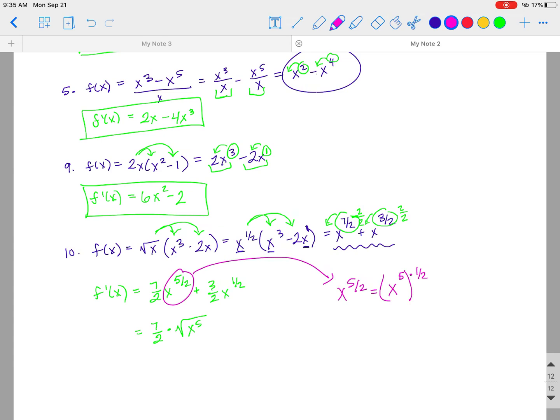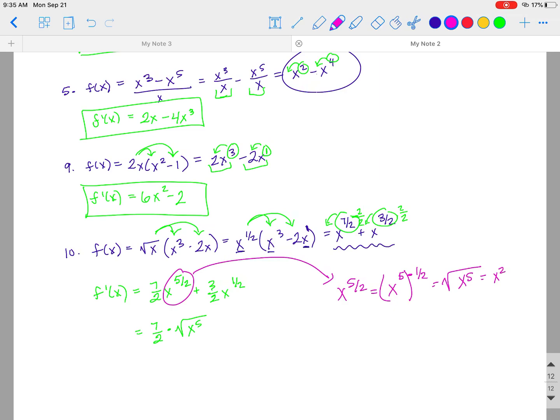When you take a power and raise it to another power, you multiply their exponents. So I can use that property to undo 5/2 and make it this product. And so what you mean to say here is that you have x to the 5th raised to the 1/2 power, or the square root of x to the 5th.